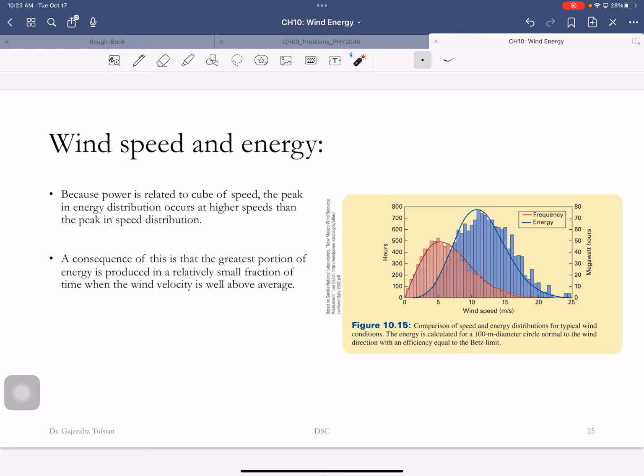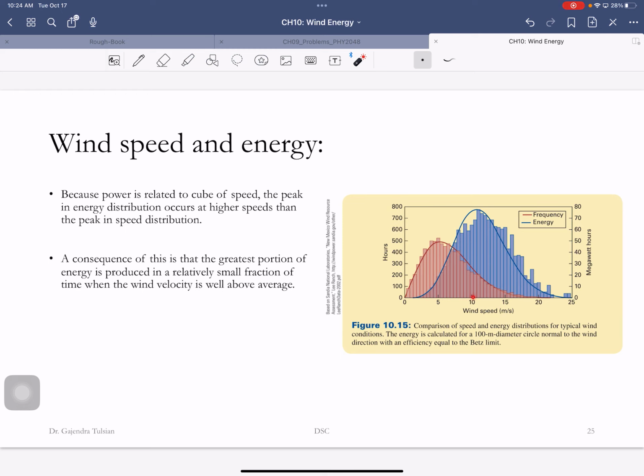Now here's the deal. Here's the wind speed distribution at a given location. Here's the frequency. So at some given location, for 500 hours it's blowing at 5 meters per second. For 400 hours, it's blowing at that speed, and so on. But remember, here's 5 meters per second and 10 meters per second.